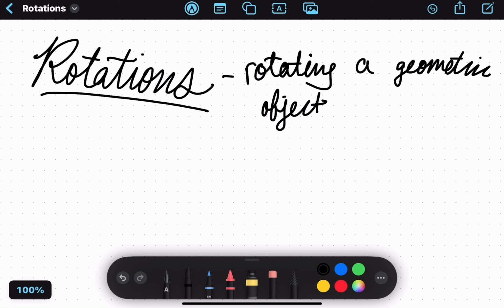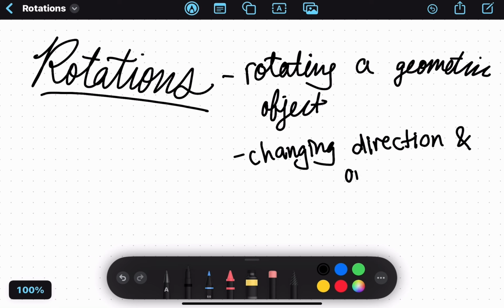Now, in order to rotate something, you are changing its direction in a sense, and its orientation. You are not changing its shape, and you're not changing its angle measure, and you're not changing its length.